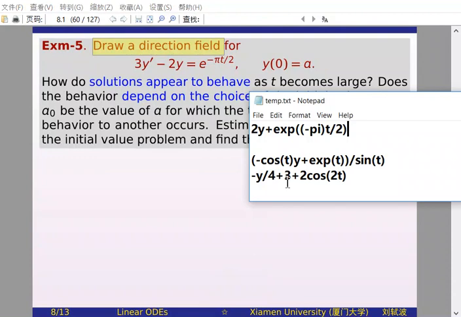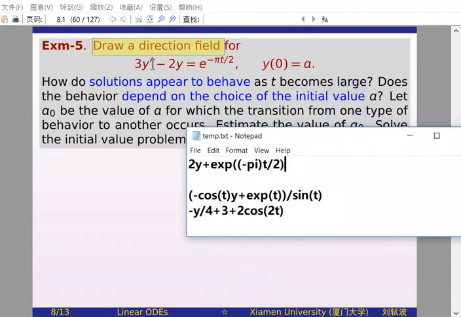Okay, so the equation we need to solve is y prime equals 2y plus the exponential of minus pi t, all over 3. This is y prime.